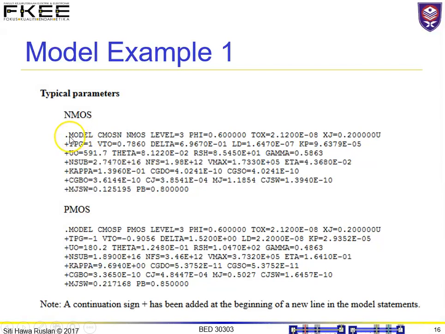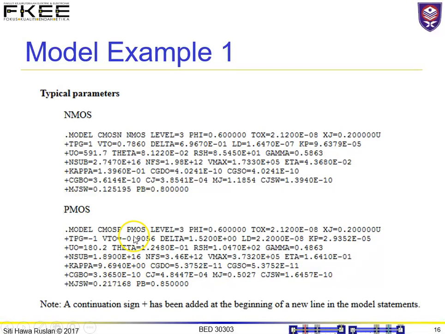If you see over here, they have so many parameters that describe the behavior of the transistor. They include all the values for the parasitic capacitance between gate to drain, gate to source, and so on, and junction capacitance. Similarly for the PMOS, just now was the NMOS.